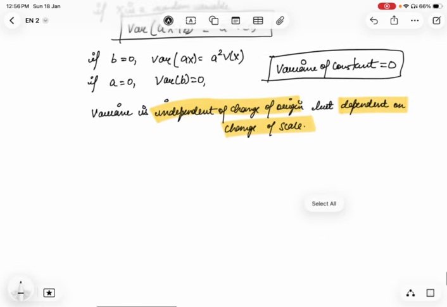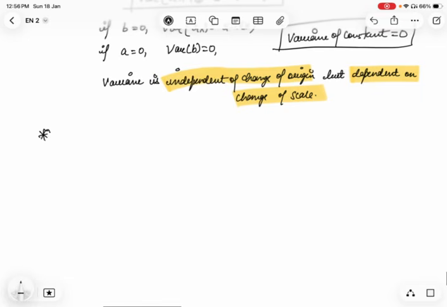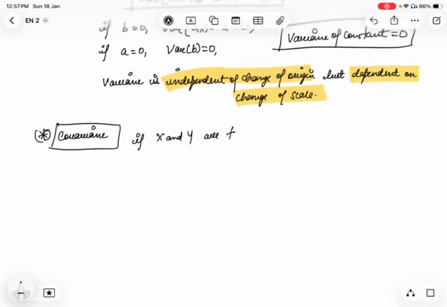Now the last topic, after that I will conclude the class, that is covariance. So what is covariance? If x and y are two random variables, the covariance between them, Cov(x, y), how will we write that? Like this.